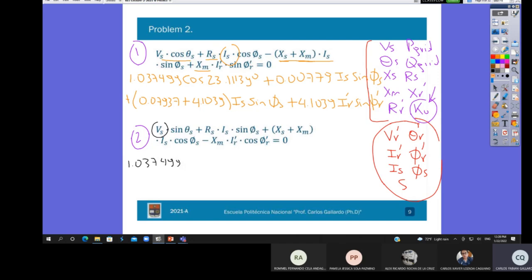I will have here sine, the angle is 23.11139 degrees, plus this term: the stator resistance plus 0.00779. I will have the stator current, this is unknown, and the sine of the angle is unknown too. Later on, I will take the stator reactance.